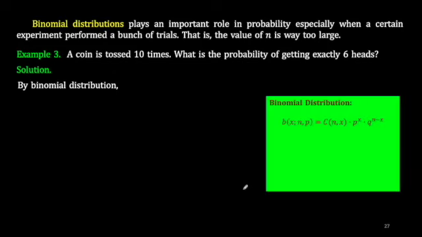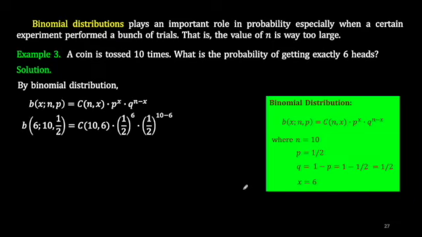Using binomial distribution, here n is 10 since 10 times tayo nag-flip. P is still 1/2, that is constant. Q is also 1/2. X equals 6. Substitute those values sa ating formula at meron tayong 10 taken 6 at a time times 1/2 raised to 6 times 1/2 raised to 10 minus 6.